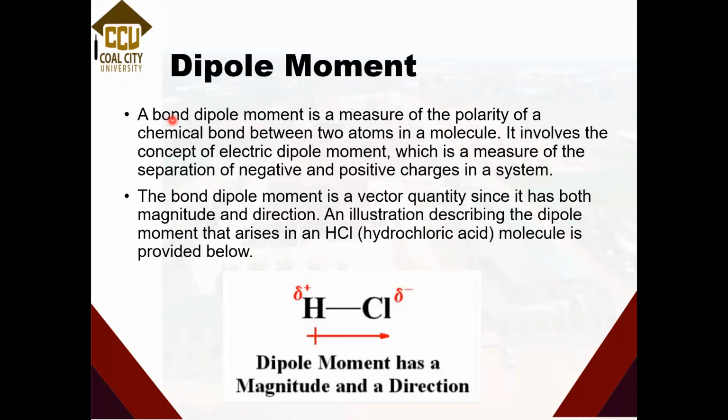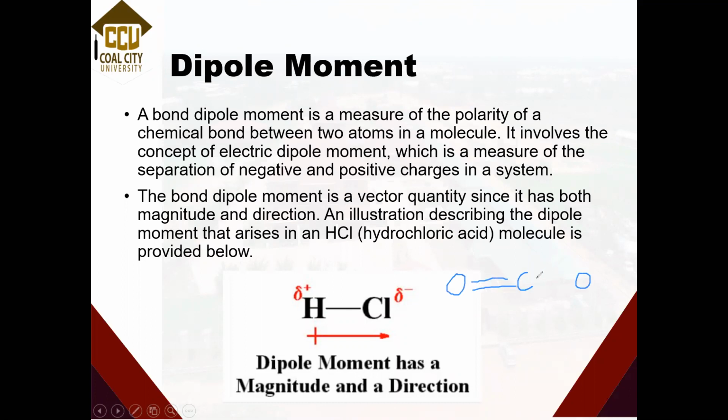For instance, if I have CO2, which is carbon dioxide, how many atoms do I have in carbon dioxide? We have 3 atoms, that is carbon, oxygen, and then another oxygen. Carbon with an oxygen, and then with another oxygen. So they are bonded together with double bonds.